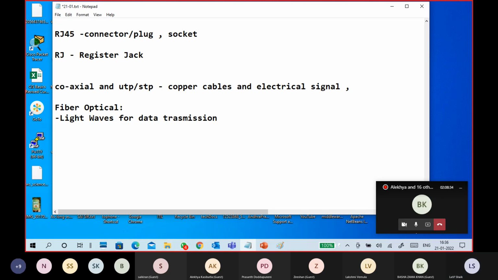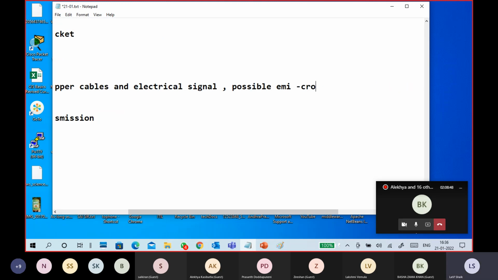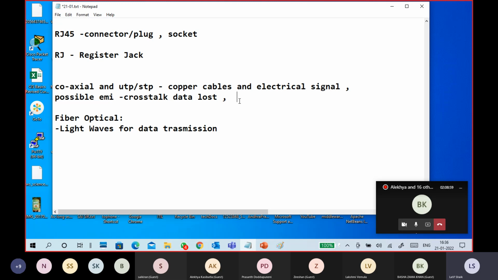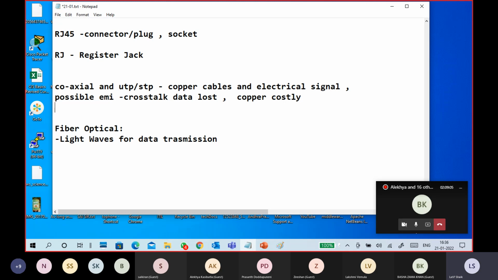The problem is electromagnetic interference, so crosstalk may occur, and data is lost. Copper is costly. It is not suitable for long distance communication.